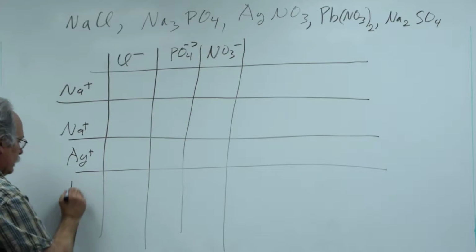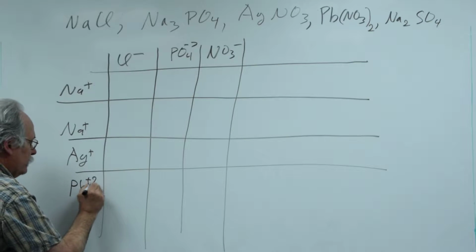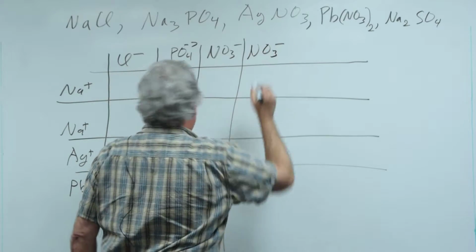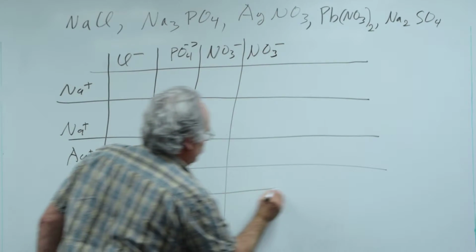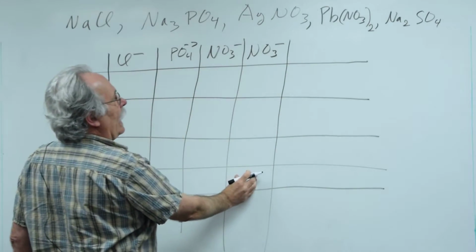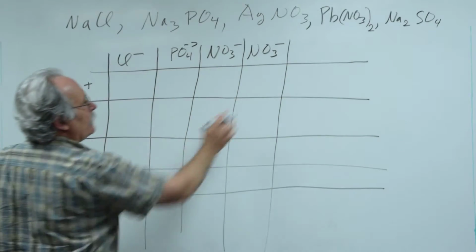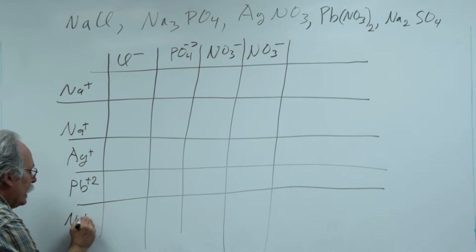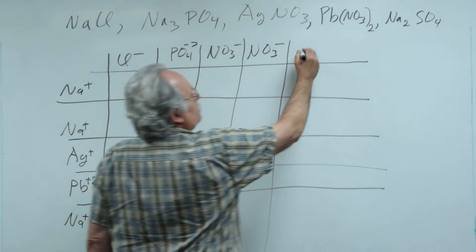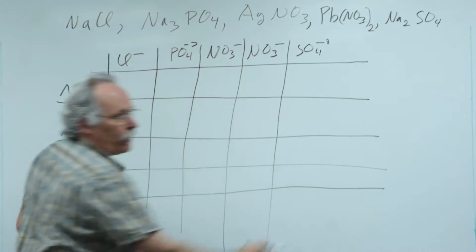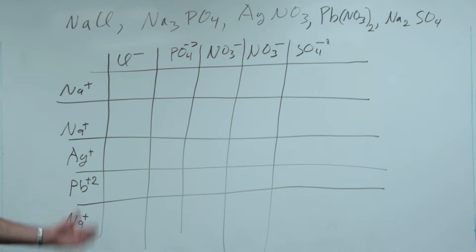Now I'm going to put my lead plus 2 here, and I'm going to put my nitrate here, draw my lines, and this cell in the diagonal is my reactant, lead nitrate. And now for my last salt, I'll put Na plus here, sulfate SO4 minus 2 here, and this salt along the diagonal is my reactant.